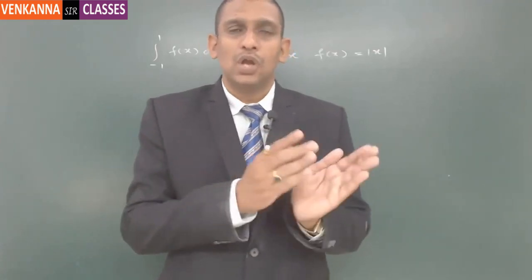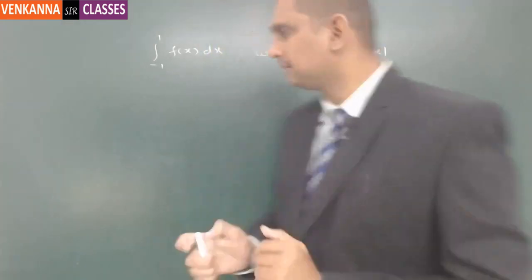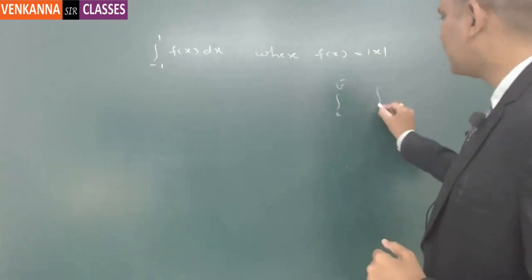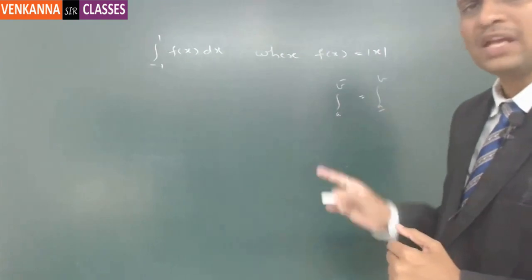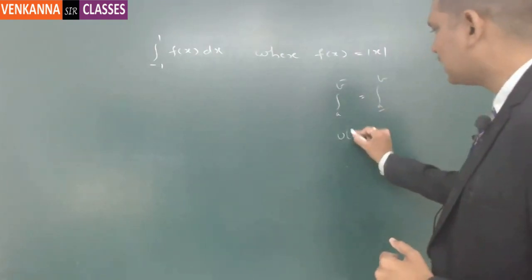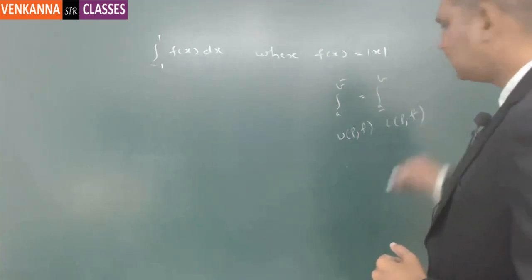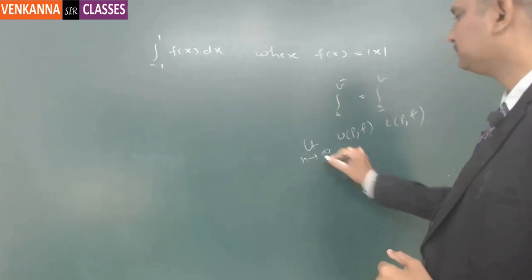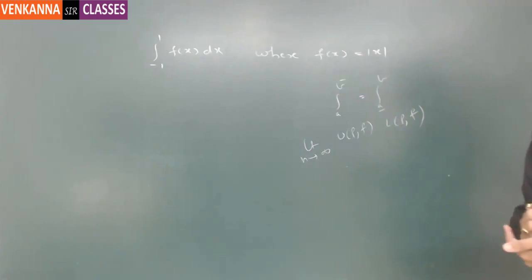Also, while solving problems, the technique so far is that we calculate the lower integral as well as the upper integral, and check whether they are equal or not. In that case, we calculate UPF as well as LPF and apply the limit n tends to infinity to get the lower and upper integrals.